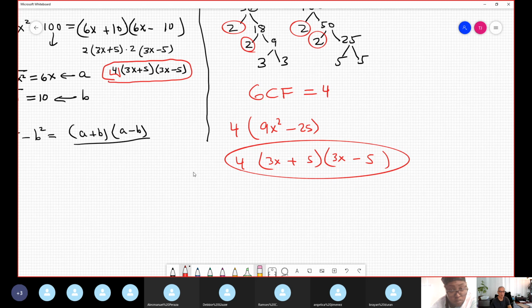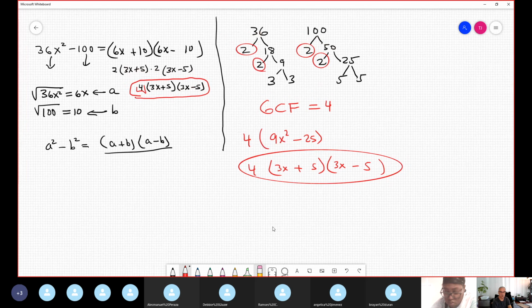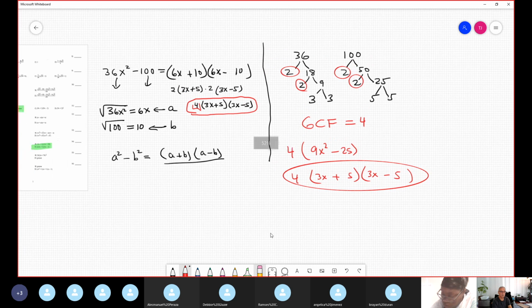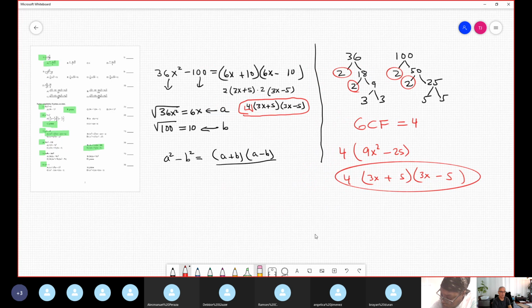But this is, in my opinion, better because it follows the order: GCF first, and after the GCF, you apply binomial, trinomial, polynomial, grouping.